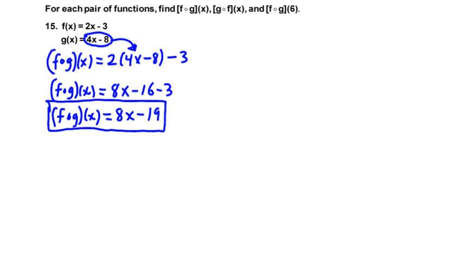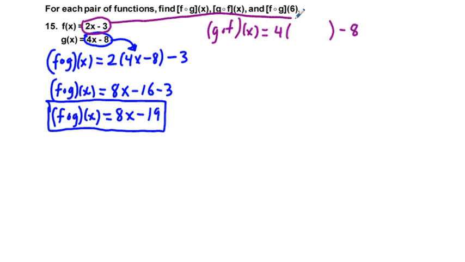Next, we're going to do g of f of x. g of f of x is going to be equal to, we're going to write out the g function, which is 4, leave blank space here, minus 8, and we're going to take this 2x minus 3 and plug it in the place of the x in the g of x function.